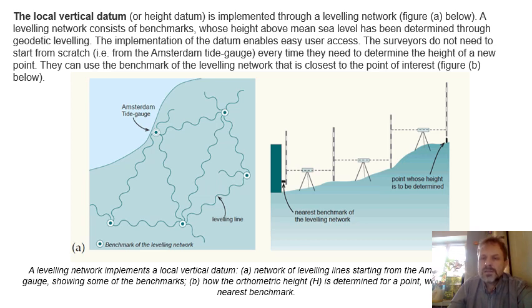The surveyors don't need to start from scratch from the Amsterdam tide gauge every time they need to determine the height of a new point. They can use a benchmark of the leveling network that is closest to the point of interest. Benchmarks of the leveling network are the small circles you can see in the picture.